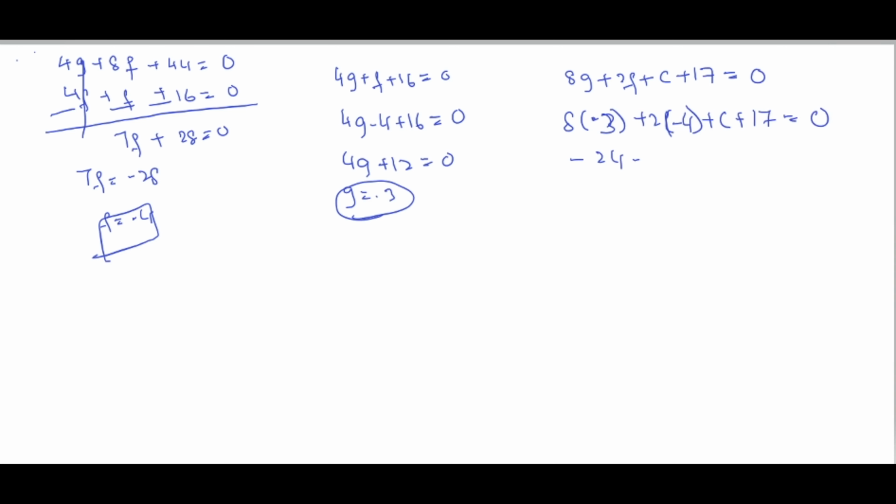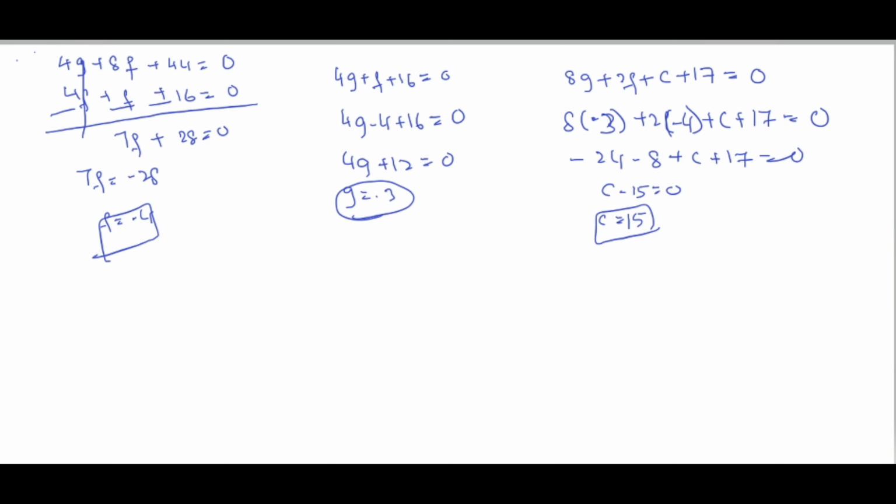Minus 24 minus 8 plus c plus 17 is equal to 0. So minus 8 minus 24, minus 32, plus 17, that is minus 15, plus c is equal to 0. Therefore c is equal to 15.